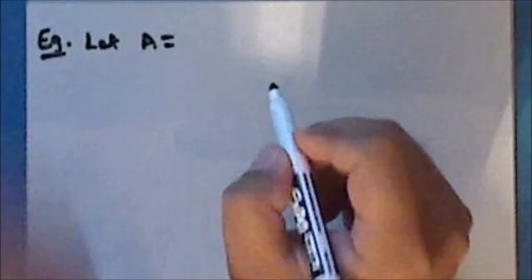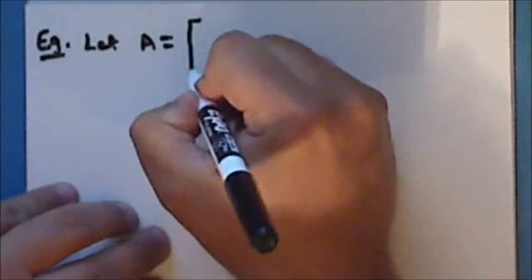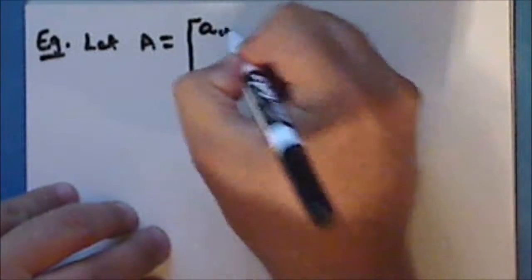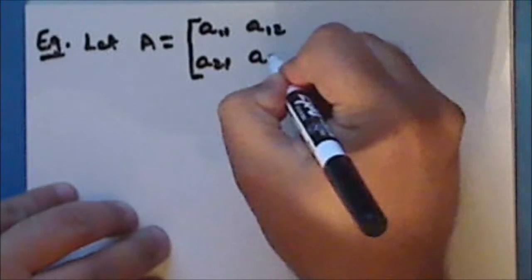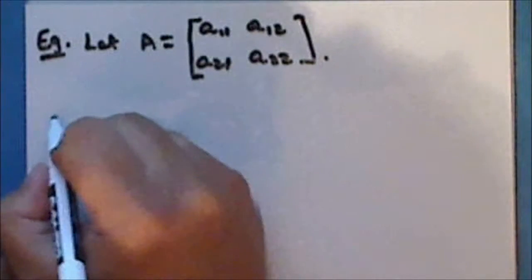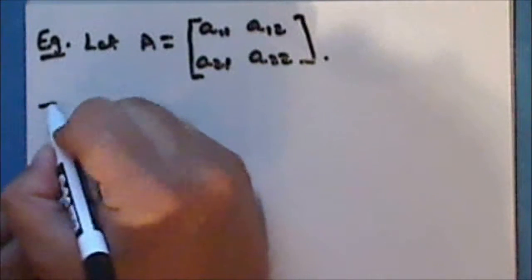So let's look at an example. We'll start with the simplest case, a 2 by 2 matrix A with entries A sub 1, 1, A sub 1, 2, A sub 2, 1, A sub 2, 2. So there are two elementary products.